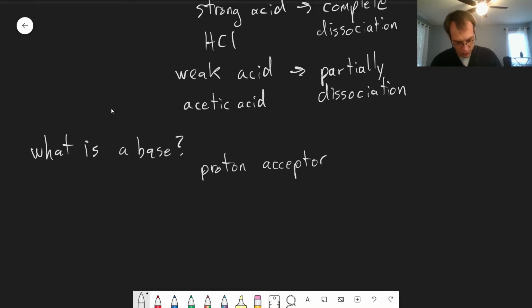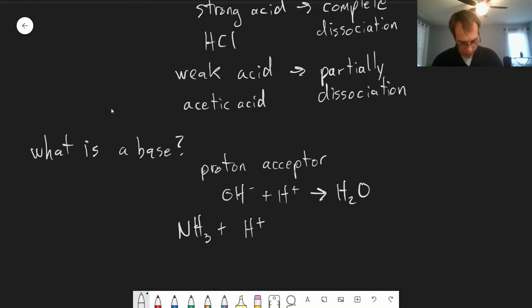One of the most important proton acceptors is hydroxide. So a hydroxide ion plus an H plus ion will form water. And that's one of the most important reactions in acid-base chemistry. But it can also be something like ammonia. NH3 will take on a proton and form NH4 plus.